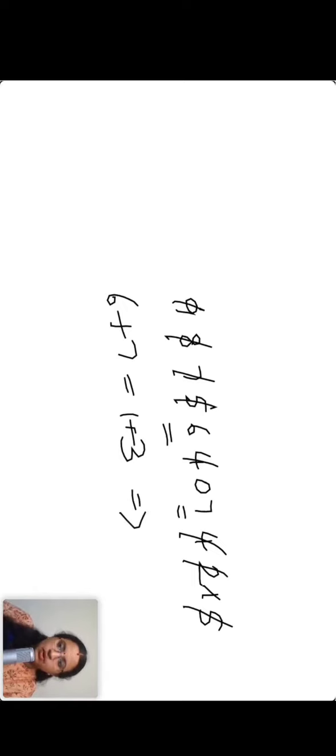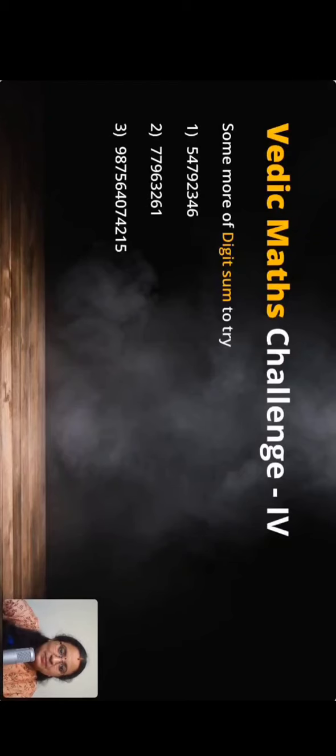And then 5 plus 4 is 9. What remains is only 6 and 7. 6 plus 7 is 13. And 1 plus 3 is 4. 4 is the digit sum for the last one. Yes, perfect. We got 13. We will do 1 plus 3 and make it 4, because digit sum is always a number between 1 to 9. Perfect.